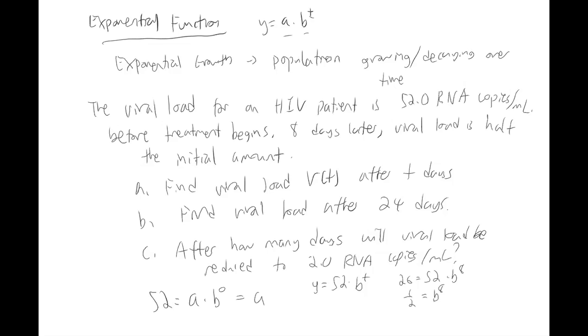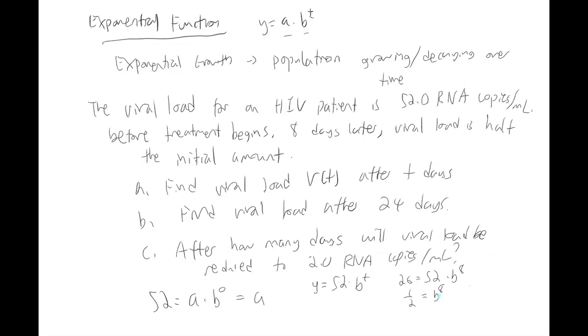Most books would just ln, so let's ln it. So ln of a half is ln B to the 8. Let me take it back. Whoa, I take it back. B is not an exponent. I misread this.